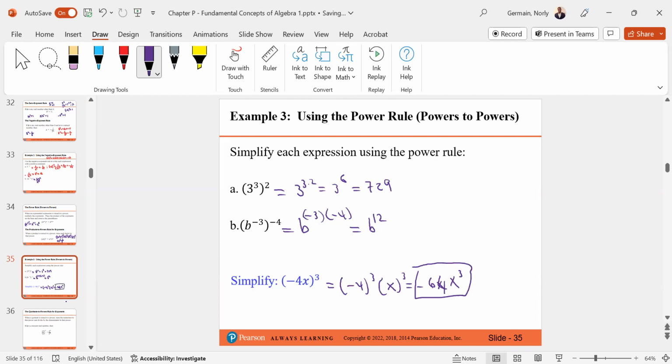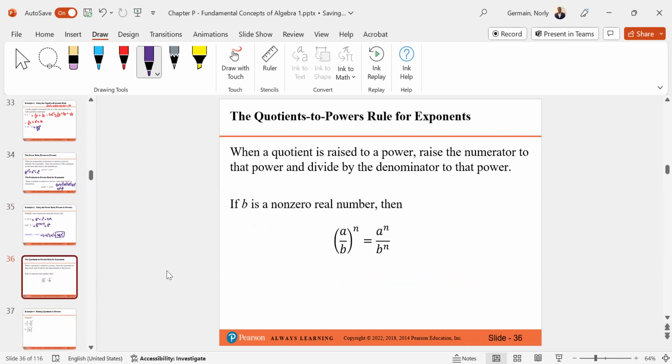Now it's different when you have many different terms to deal with, but if it's that simple, then you can do it. Now, I wish you could be here to ask more questions about that, but you know what? We're going to continue with the quotient to a power rule for exponents.